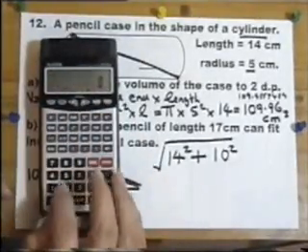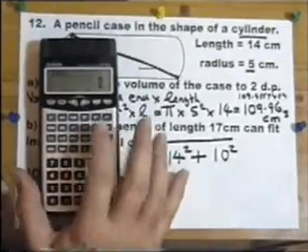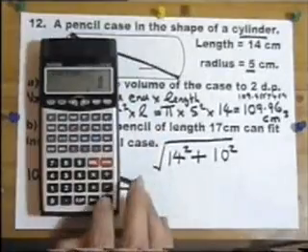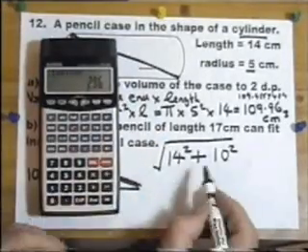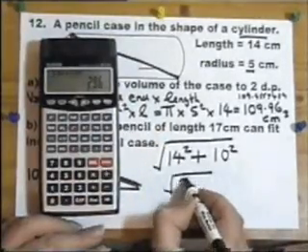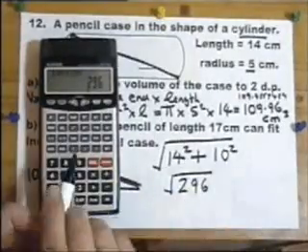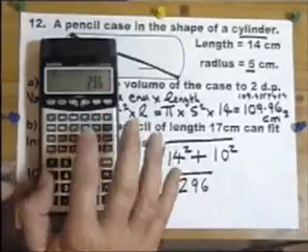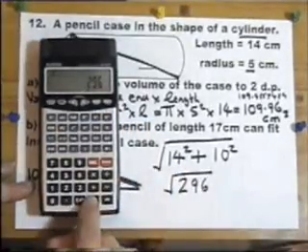So let's see what we've got. 14 squared plus 10 squared equals 296, show a bit of working as we go along. Now I need to square root the 296, so I'll press the answer button.